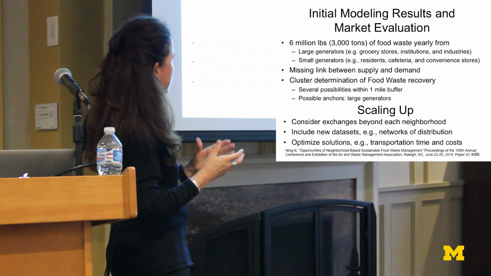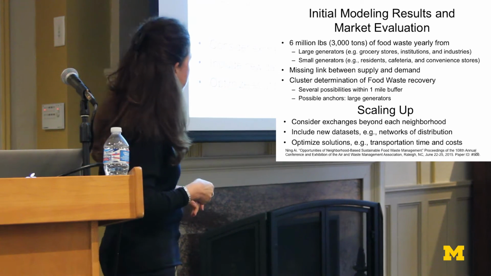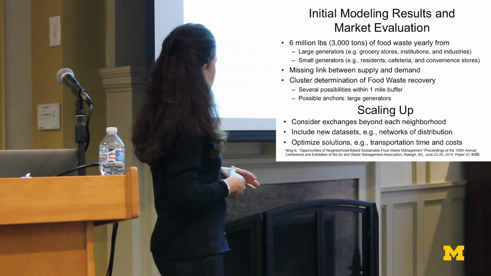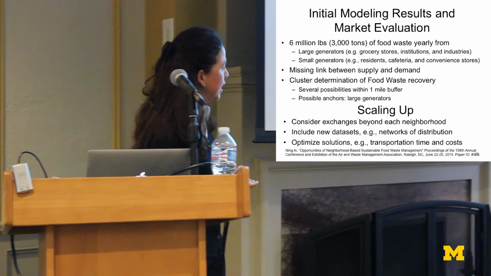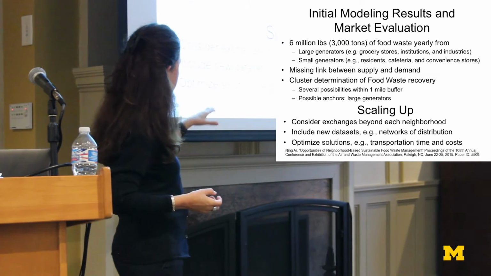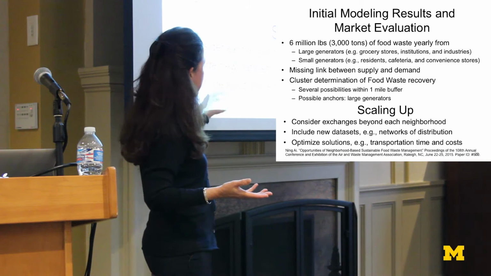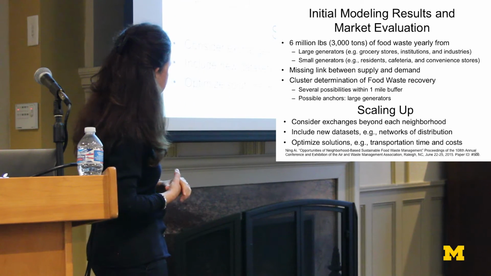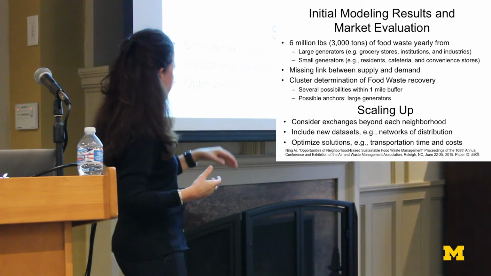As I said, we did a 1 mile buffer to perform these exchanges. Scaling up, we would need to consider exchanges beyond each neighborhood. We would need to include even more data sets, for example, networks of distribution, and basically optimize all the solutions.